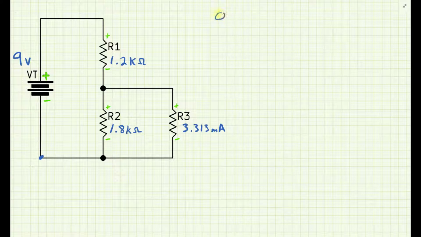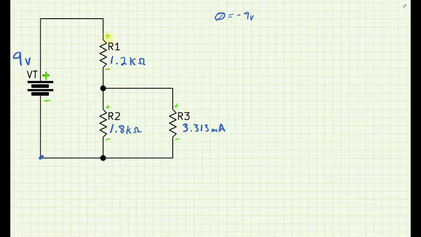So 0 equals, now I've traveled up my path here, minus 9 volts. I just happen to have that number, so I'll use it. You could do this with no numbers and just say minus VT. That would be fine.